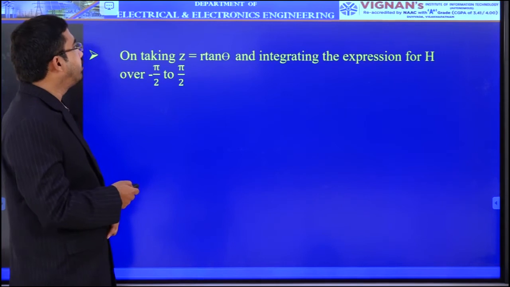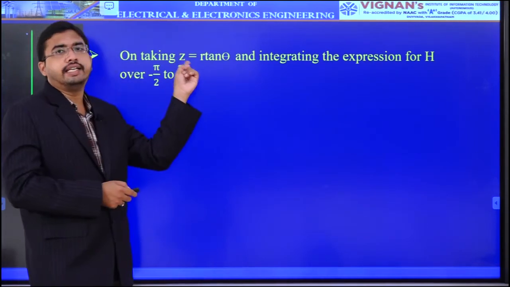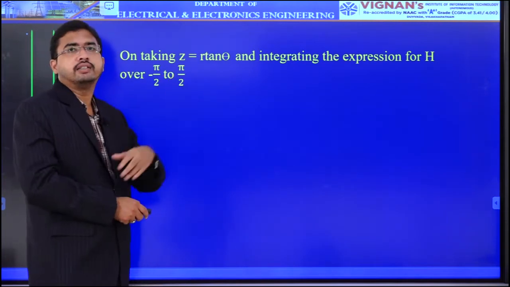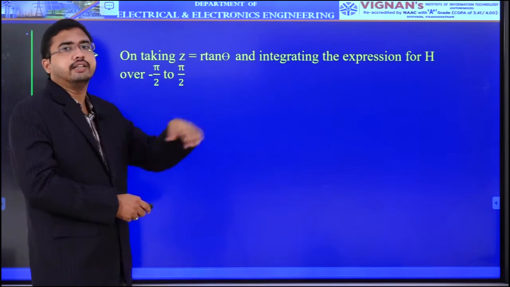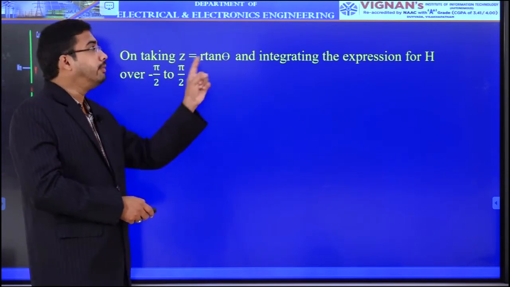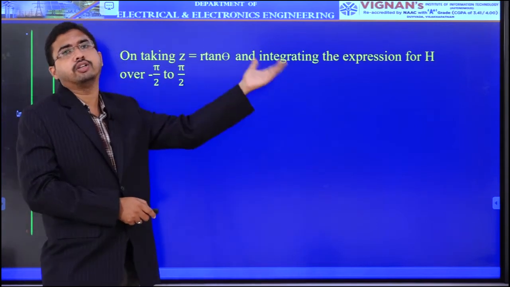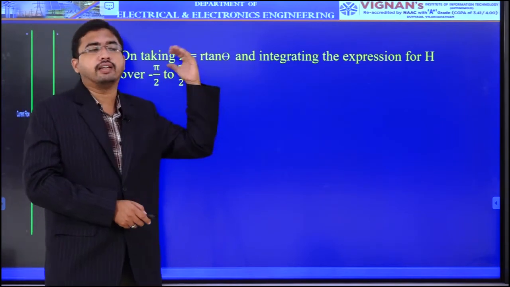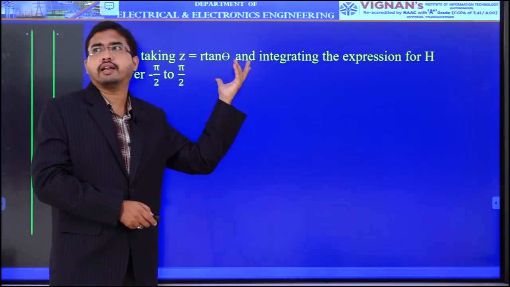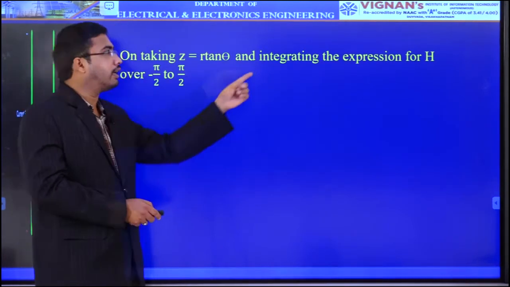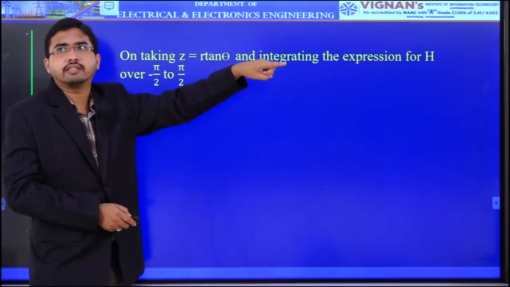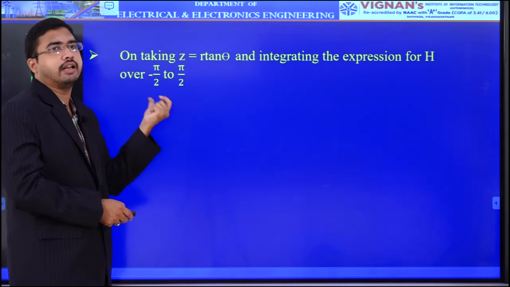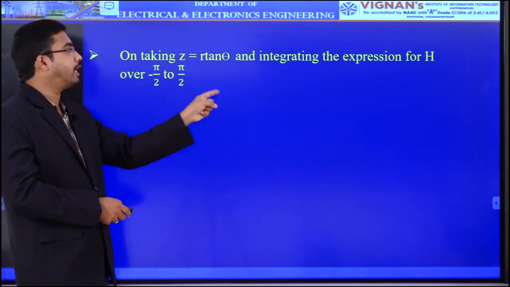Now on further simplification, if we take z equal to r tan theta, then dz is r secant square theta, and your limits will be from minus infinity to plus infinity, because it is an infinitely long current carrying conductor. If you substitute and change those limits after doing a small mathematical adjustment, the limits will be from minus pi by 2 to pi by 2.